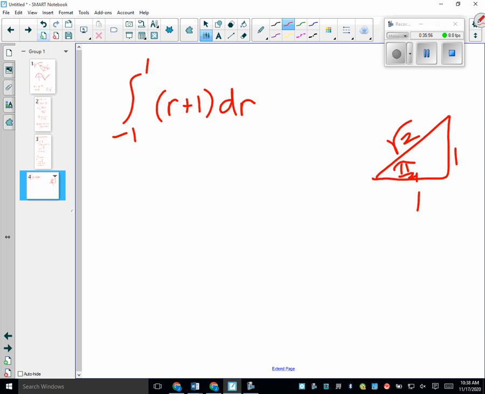Okay, I want this. Isn't this actually going to be F of 1 minus F of negative 1? As of today, I cannot take the antiderivative of r plus 1 quantity squared. So is this the same thing as this?